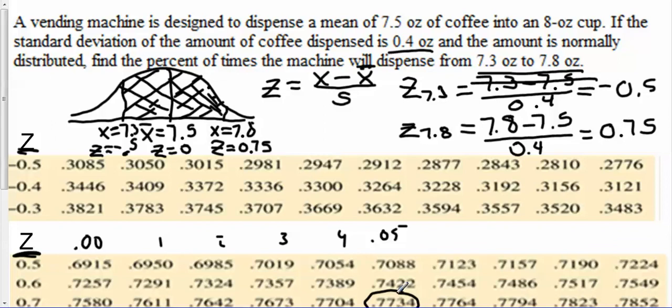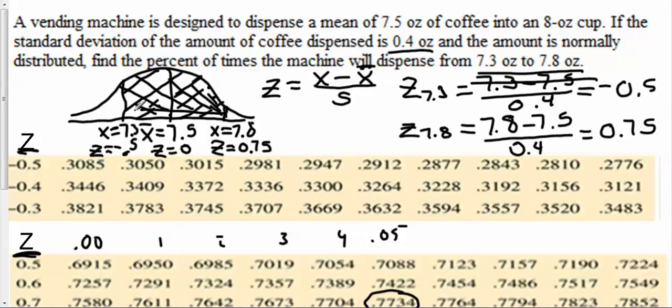Recall the table in this course will give us the cumulative area all the way from the left to whatever z-score that we looked at. So 0.7734 is not just the area that's shaded, but it's all the area to the left of that z-score of 0.75. So I'll draw a little arrow.